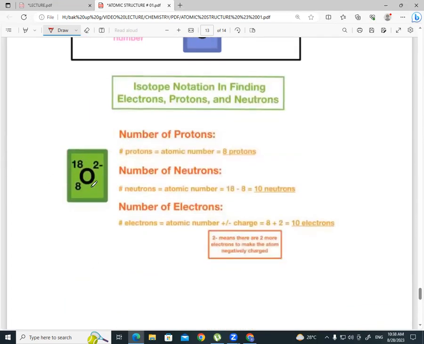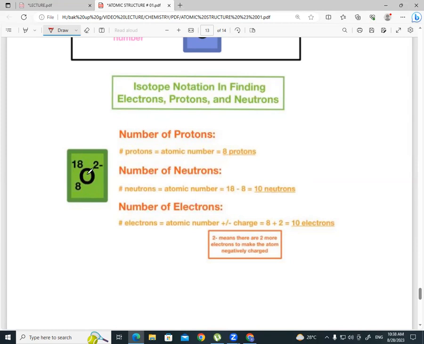So this is the isotope notation of oxide, showing that it is oxide having a negative charge. The number of protons here is 8, and the number of neutrons can be found by subtracting the atomic number from the mass number. So 18 minus 8 is equal to 10 neutrons.